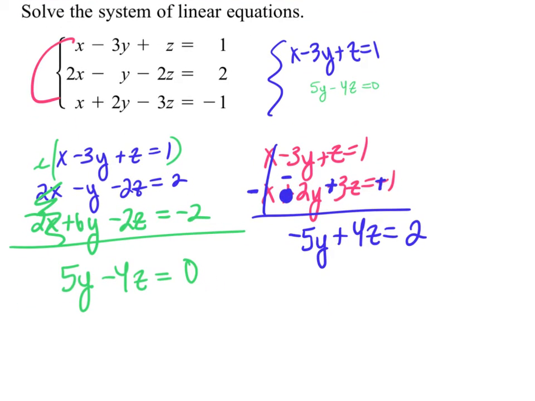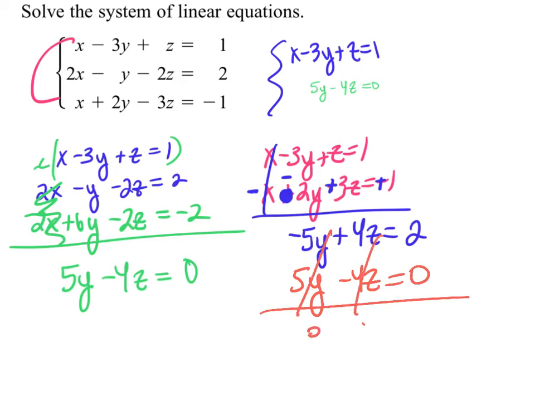So now, I'm trying to get it to say z equals. I'm going to use the green one, right? The 5y minus 4z. So 5y minus 4z equals 0. Well, y's will already cancel out, so that's 0. 4's cancel out, 0 equals 2. Is that a true statement? That 0 equals 2.